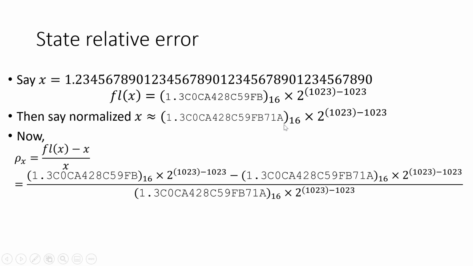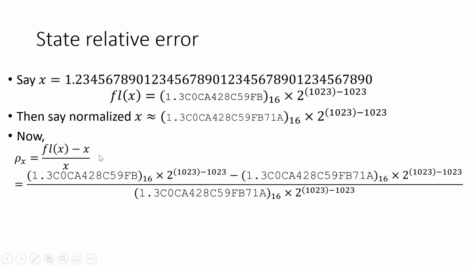So I'm adding the 3 more nibbles there, the 7-1A, that just carries on. Now I take that as the true value, and then of course once I float it, the 7-1A is going to go away because I'm going to round it. It's going to be rounding down, so I'm going to get that FB being the last digits. Exponent's going to stay the same.